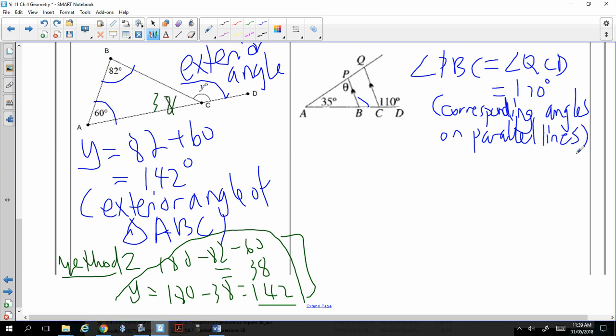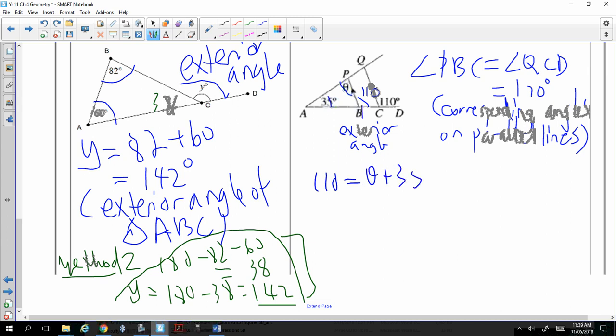We can because what's 110? This is an exterior angle. So because it's an exterior angle, 110 must be the sum of the two interior opposite angles. Like that. Okay, see that's the two interior. Just like this example, 82 plus 60 is y. The same reason.